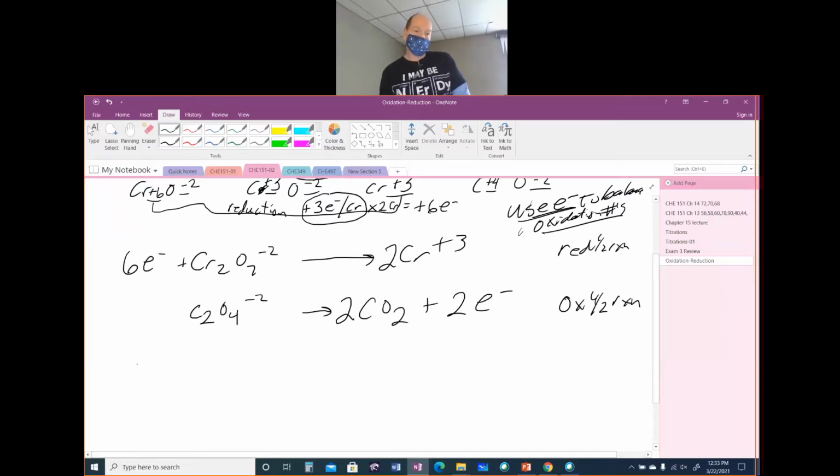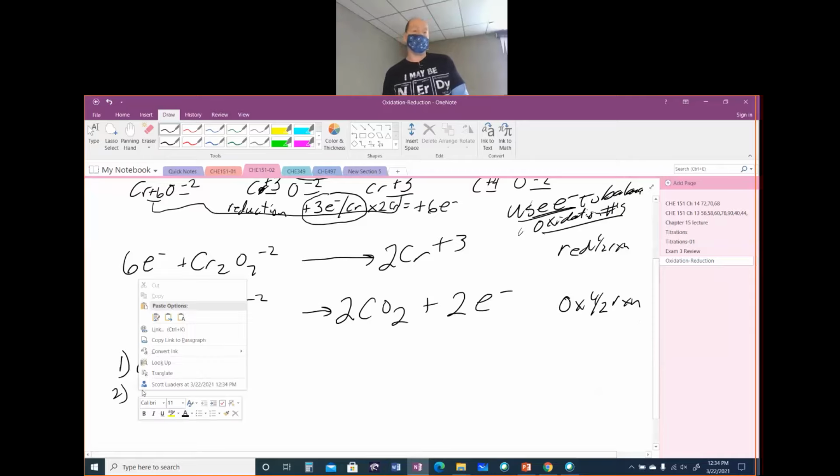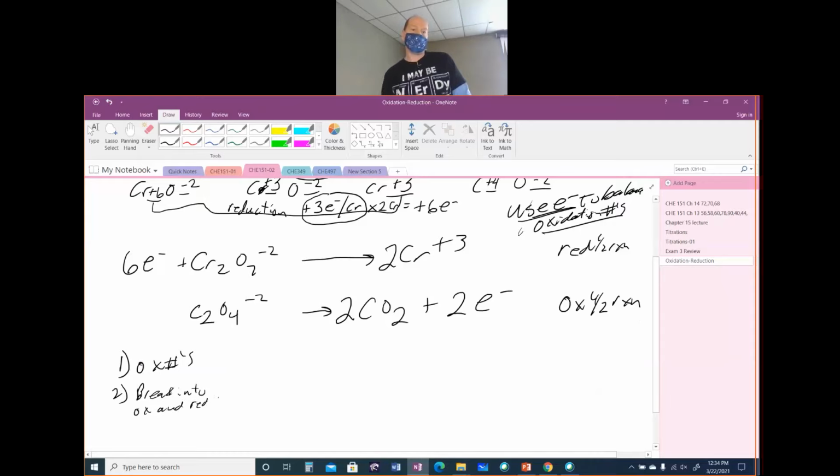So, step 1, you get your oxidation numbers. 2, we're going to balance oxidation numbers. Break into 2 half reactions, into oxidation and reduction half reactions.